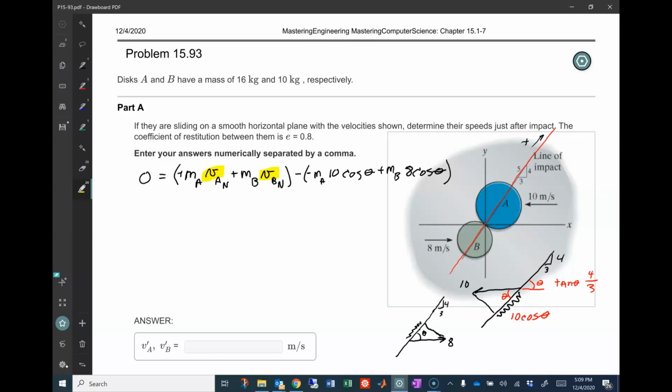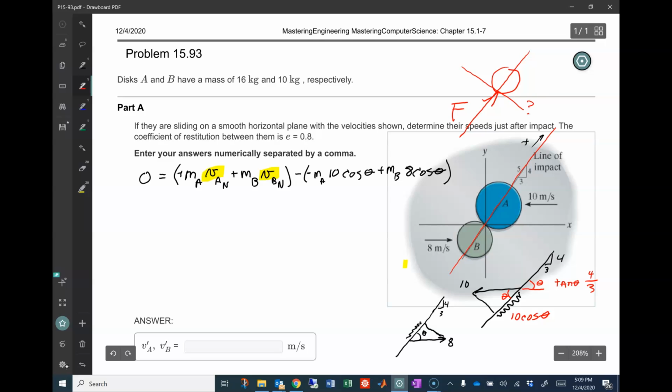Now, if I want the plane direction, I'll take A all by itself. In the free body diagram of A, there's the normal line, the line of impact, and there's this big force right here. But what's happening in this direction? Nothing.